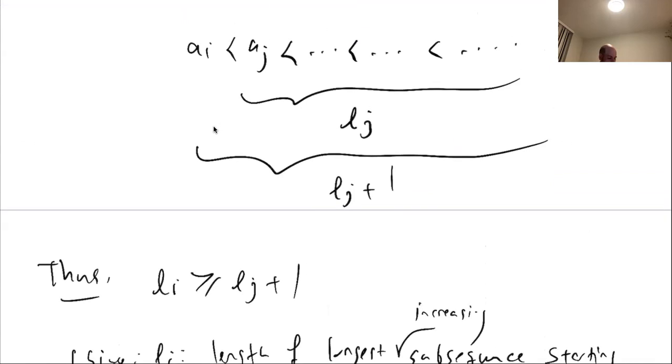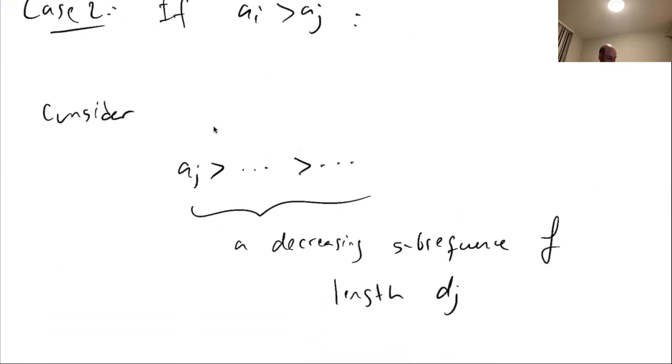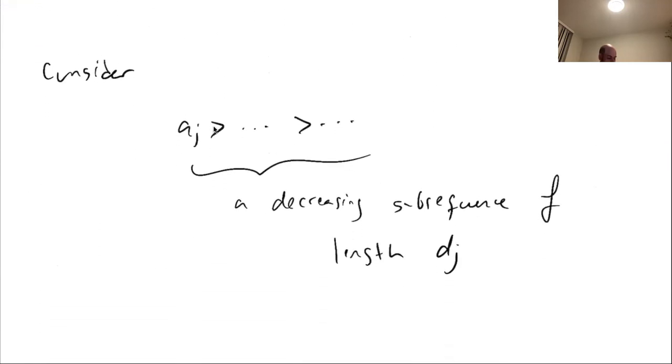Remember, DJ was the length of longest decreasing subsequence starting from AJ.